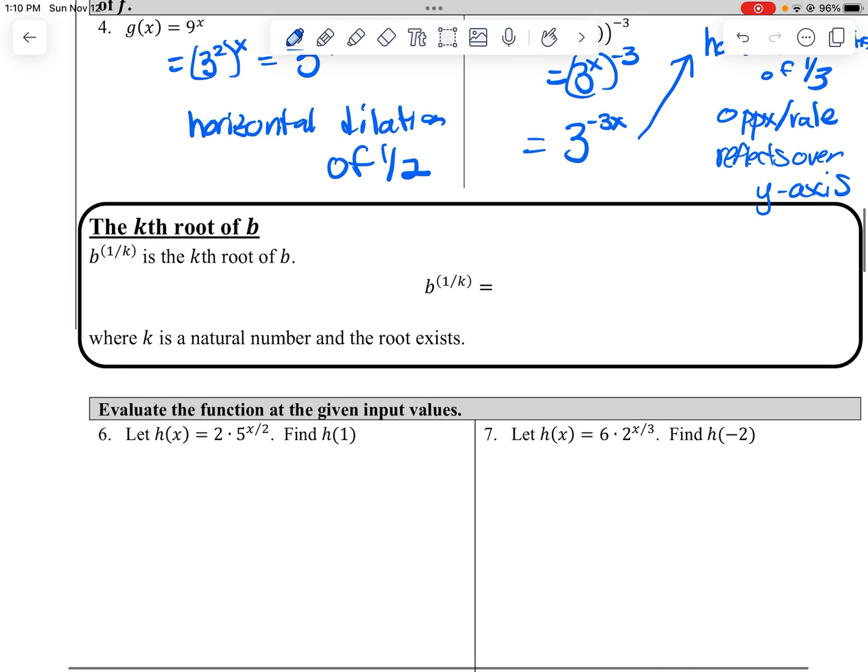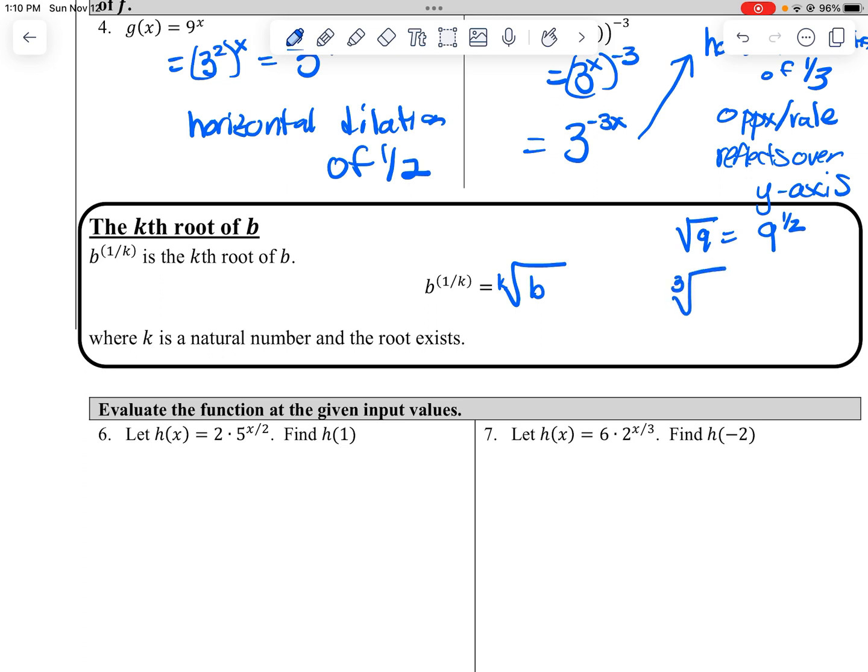Now the last thing we're going to talk about is the root. So for example, another way of writing b to the 1/2 is the kth root of b. That sounds really weird. So like for example, the square root of 9 is equivalent to 9 to the 1/2. If I have the 3rd root of x, that's equivalent to x to the 1/3.